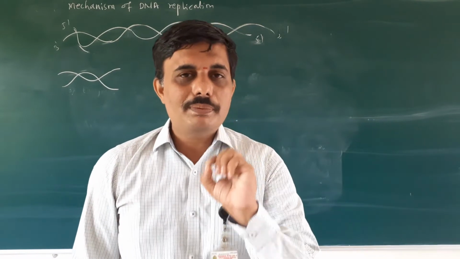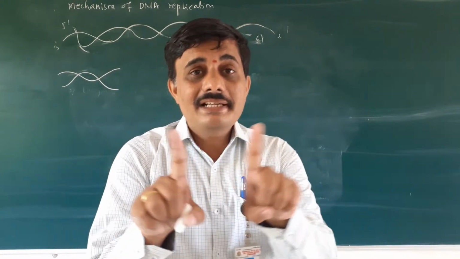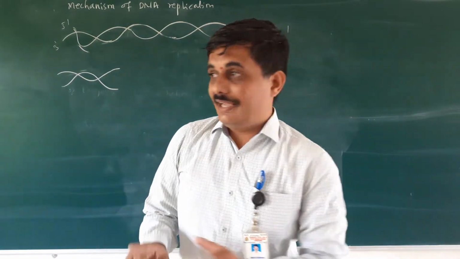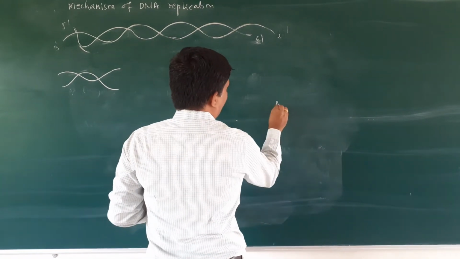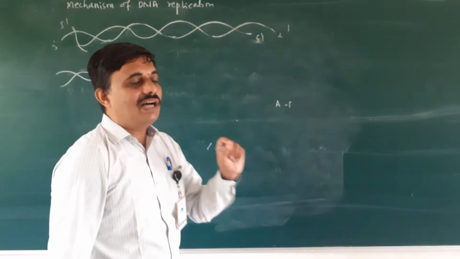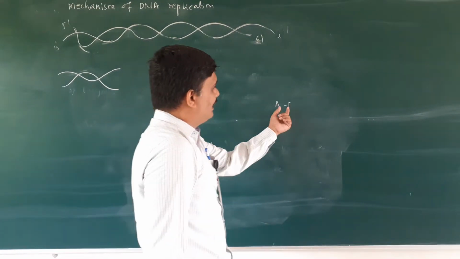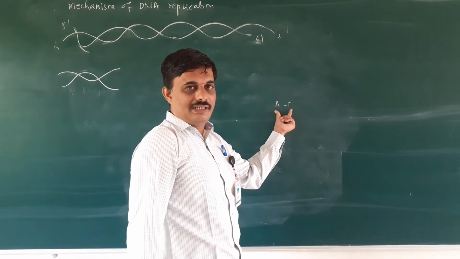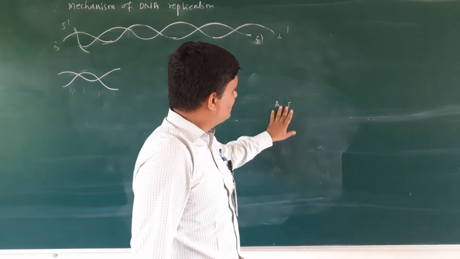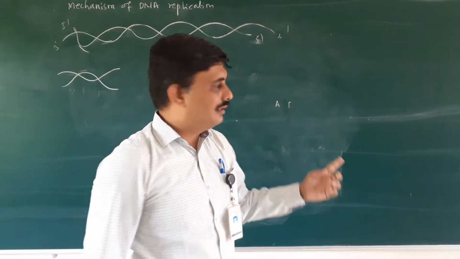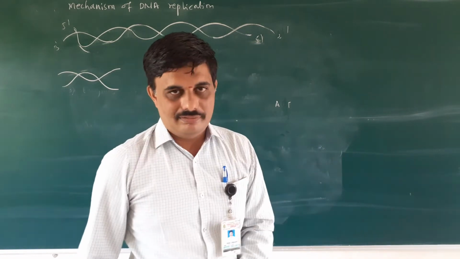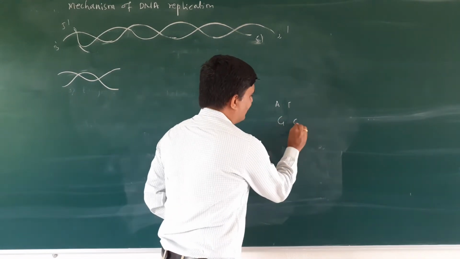What is the origin of replication? Where the AT composition is high. Adenine and thymine composition is high in the ori site of DNA, so that it is easy to break the hydrogen bonds between adenine and thymine compared with guanine and cytosine.